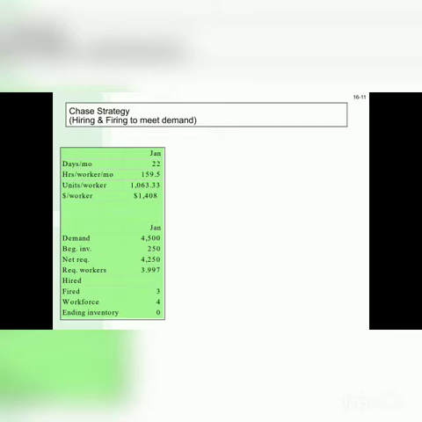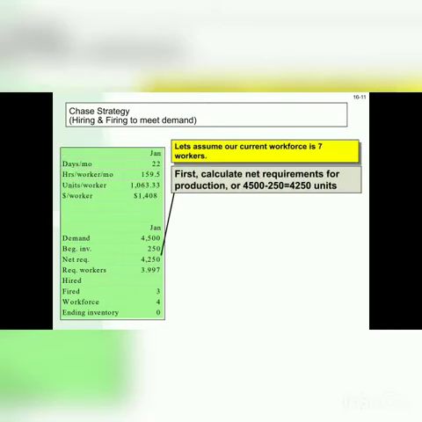Next, the requirement is 4250, because the demand is 4500, and to produce 4250 we will require 3.997 workers. So we are supposed to fire 3, workforce is 4, ending inventory is 0. Because we have assumed there are 7 workers, out of 7 we will require only 4, so 3 will be fired.